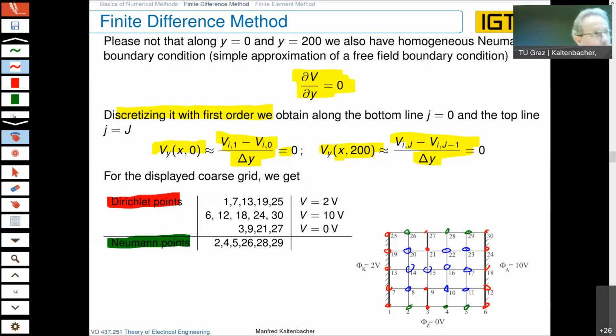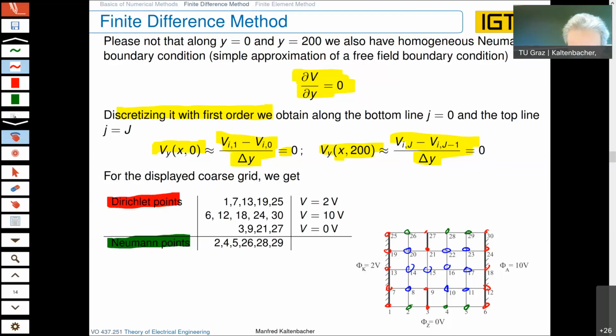But we directly separate the nodes where we have to compute our electric scalar potential, the nodes where the Dirichlet boundary conditions are known, so we directly know the value of the electric scalar potential, and the Neumann boundary points where we know the normal derivative of the potential, but the potential itself we don't know.